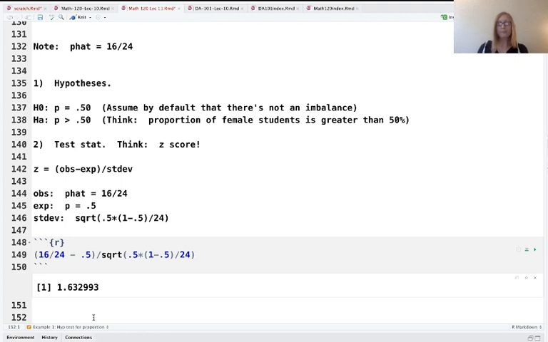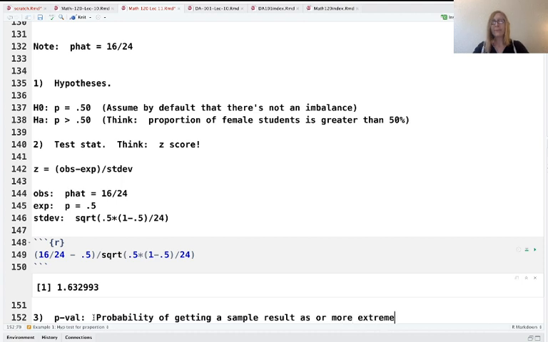Okay, cool. Well, let's use the z-table to find out how likely this is. For our p-value, this is the probability of getting a test value, or a sample result, as or more extreme, assuming that p equals 0.5.